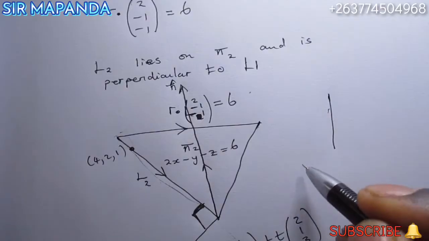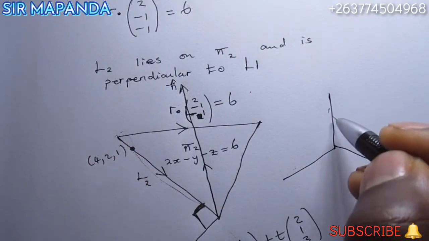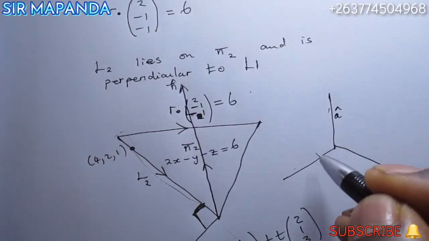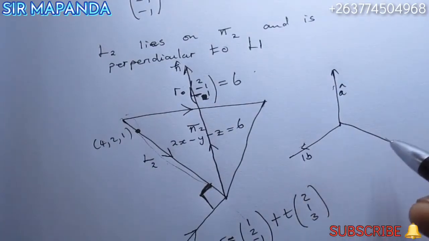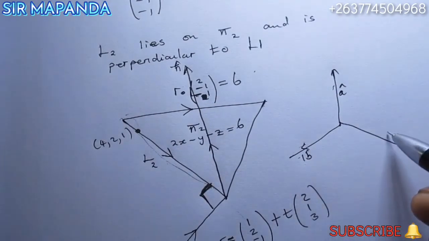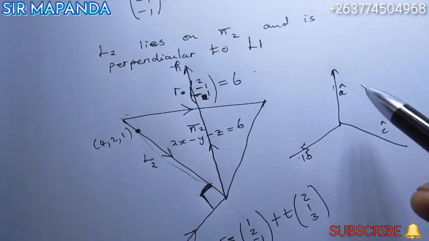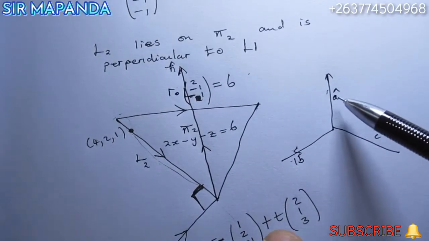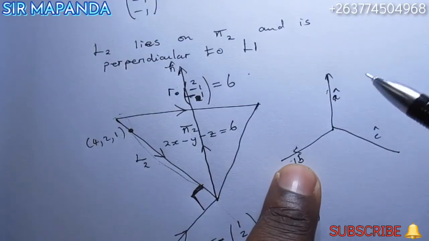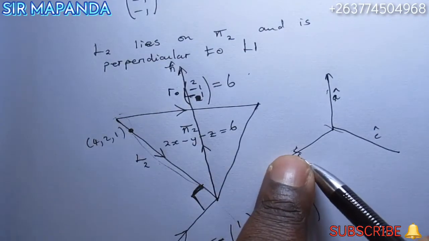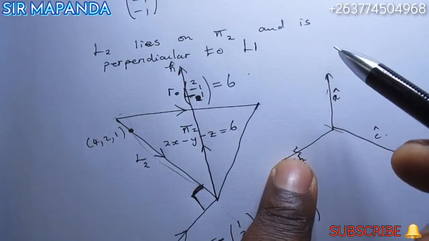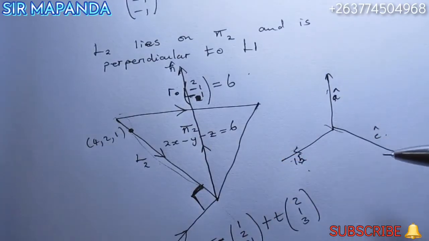If you have vector A, then vector B, and the vector C, performing cross product of A and B, you get C. If you perform cross product of B and C, you get A. If you perform cross product of A and C, you get B. I hope you are following.